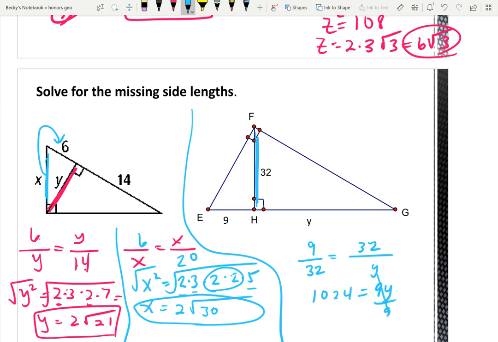This one is different. You're just going to solve it by dividing by 9. Ew, I got a weird answer. I'm going to check my math on this. 32 times 32 is 1024. Divide by 9. Yeah, it's just a gross answer. 113.7 repeating. There you go.